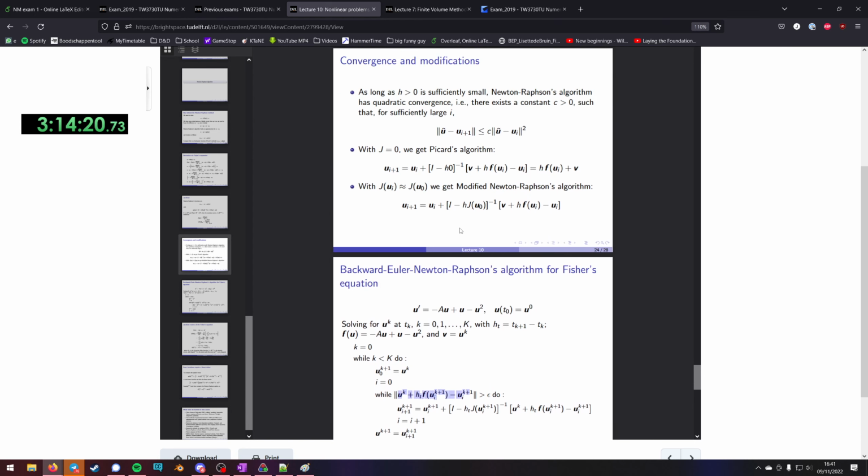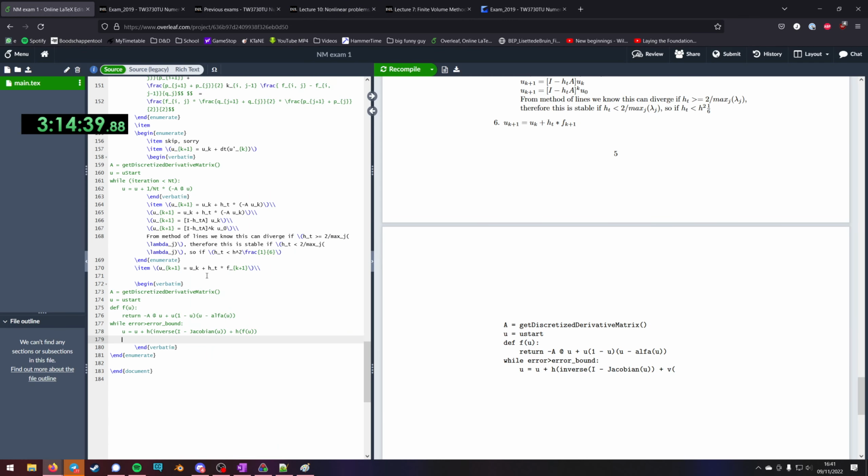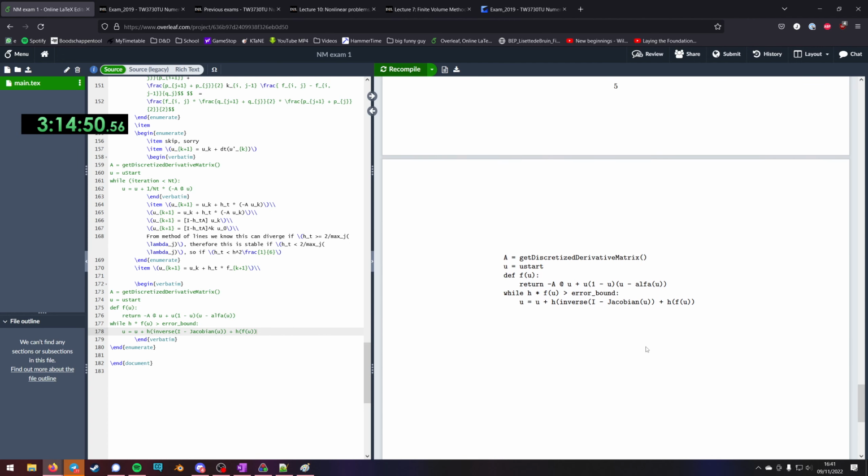So I guess this error is this thing. For me, you can just use HFU, which makes sense because FU is the derivative at this point. No, it's not. I guess eventually FU settles down. So while H times FU is greater than the error bound, do this. So that would be my backwards Newton method.